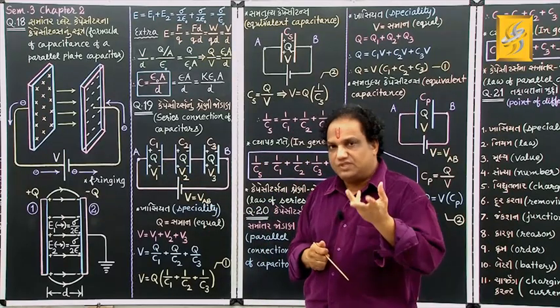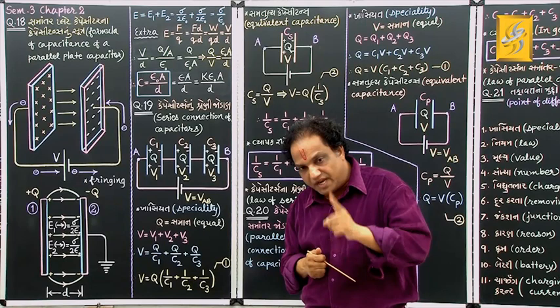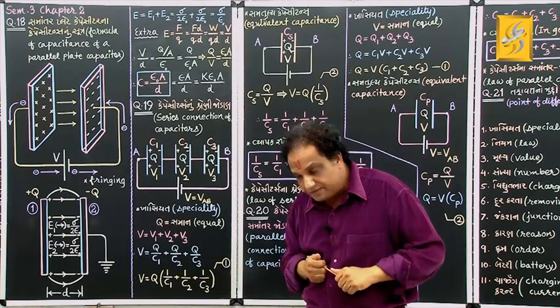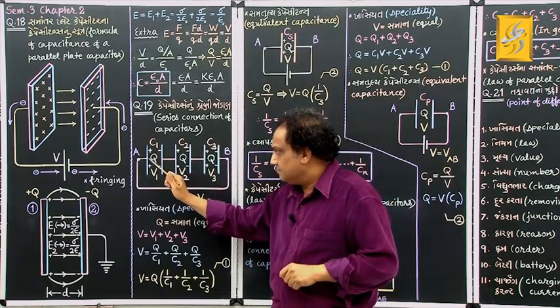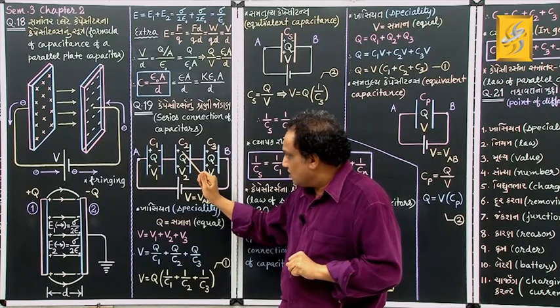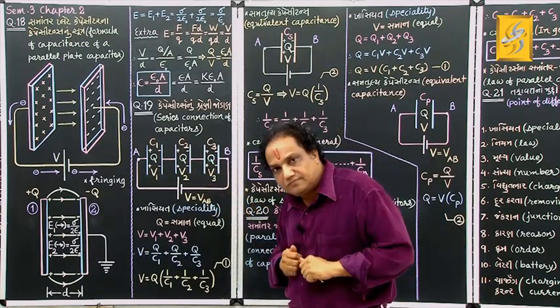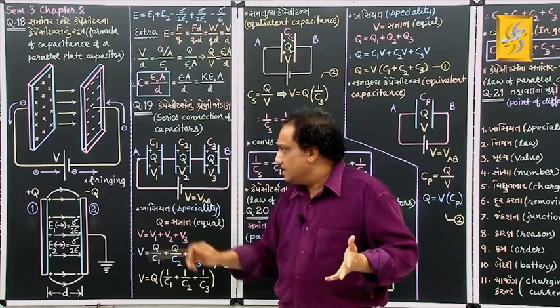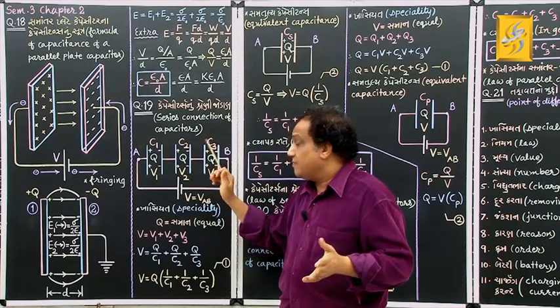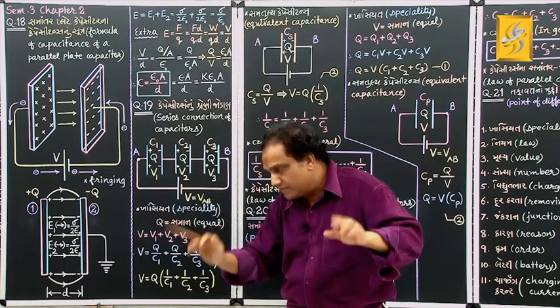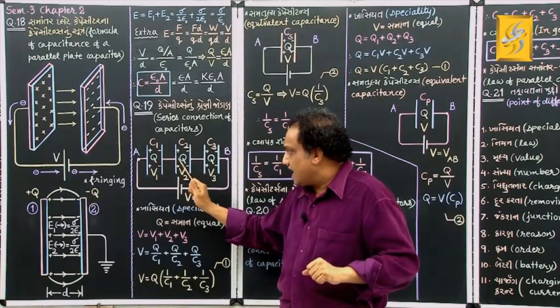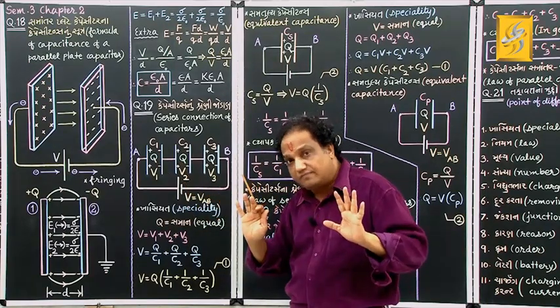Now tell me, charge of a capacitor means magnitude of charge on either plate. What is the magnitude of charge here? 2 units. Here also 2 units. Here also 2 units. Correct? So what I mean to say is, though these capacitances may be different, no problem. For each capacitor, charge is the same.